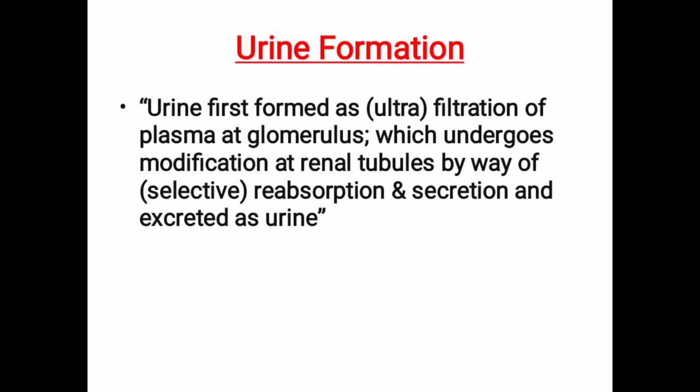Next we will see urine formation. Urine is first formed by filtration of plasma at the glomerulus, which then undergoes modification as it passes through the renal tubules.